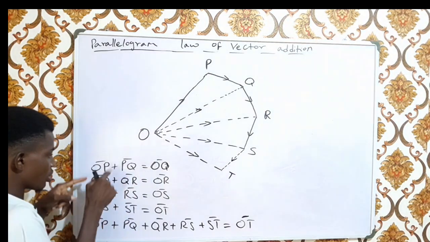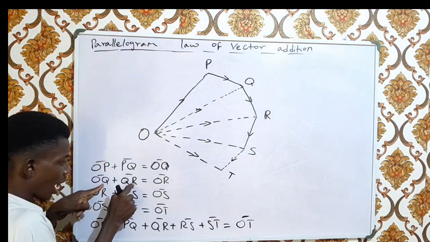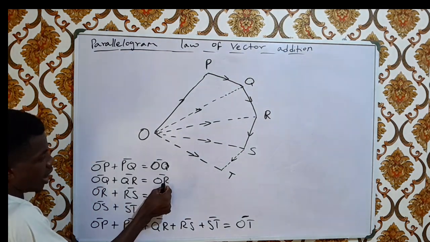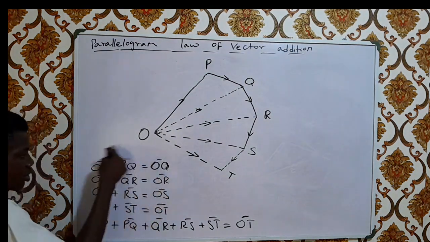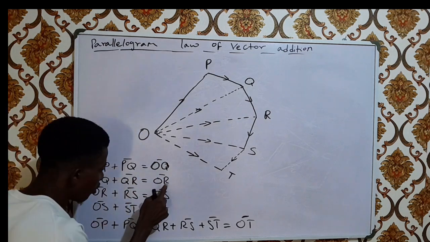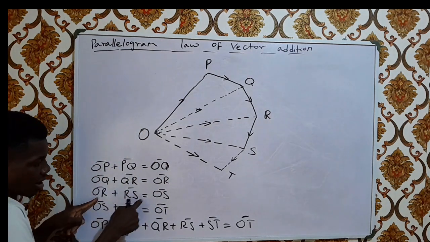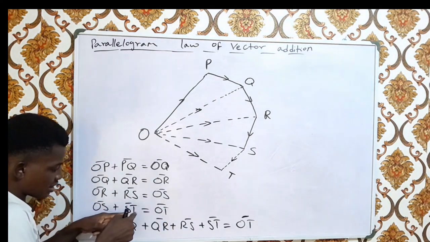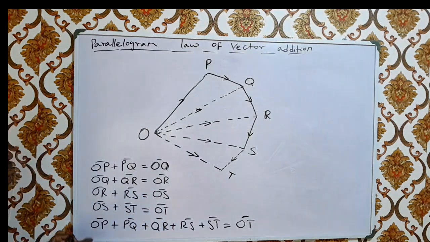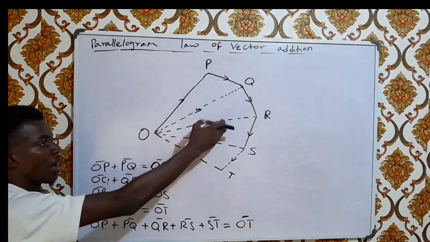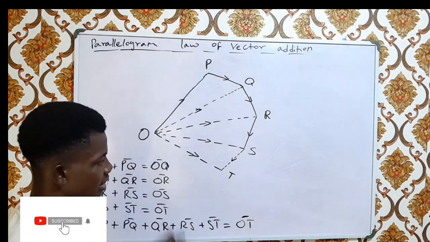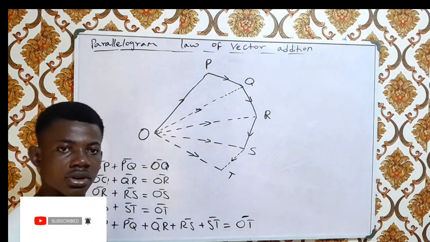This, plus QR, gives you OR, which is the addition of everything up to here. OR plus RS will give you OS. OS plus ST will give you OT. This is all about the triangular and parallelogram law of vector addition. Let's see more examples on this.